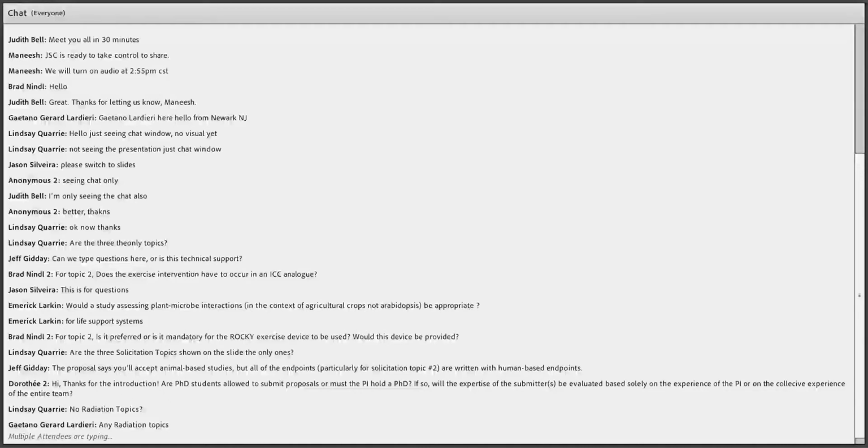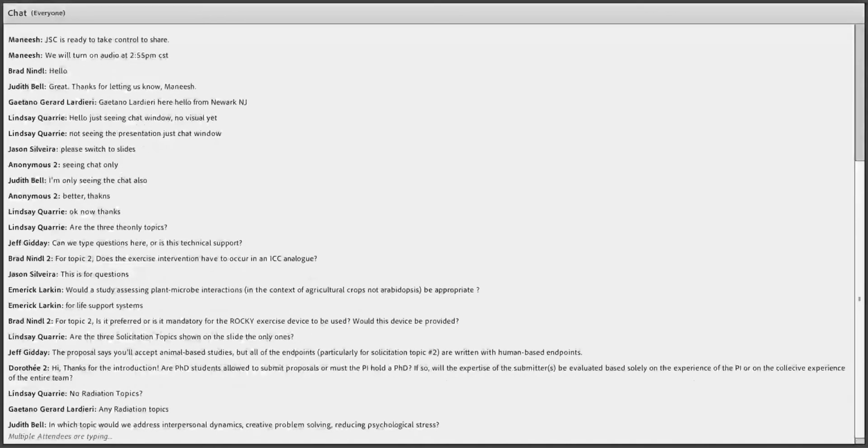Sure. For topic 2, is it preferred or is it mandatory for the Rocky exercise device to be used? And would this device be provided? It's preferred, but not absolutely necessary. We're testing some devices this summer. By the time the solicitation would come out, one of those devices will be down selected.